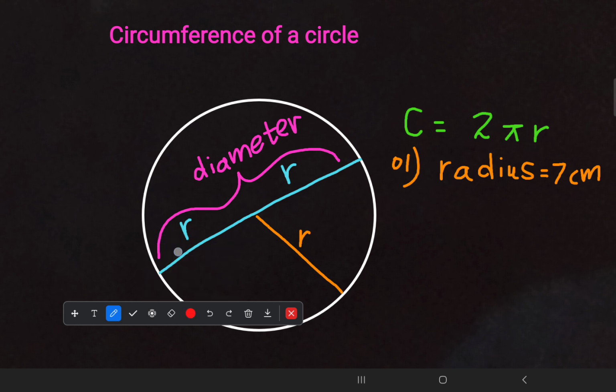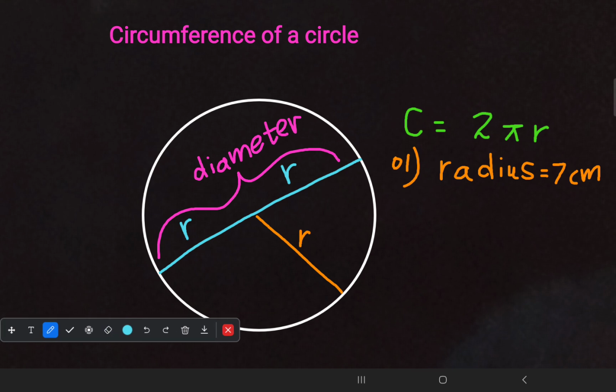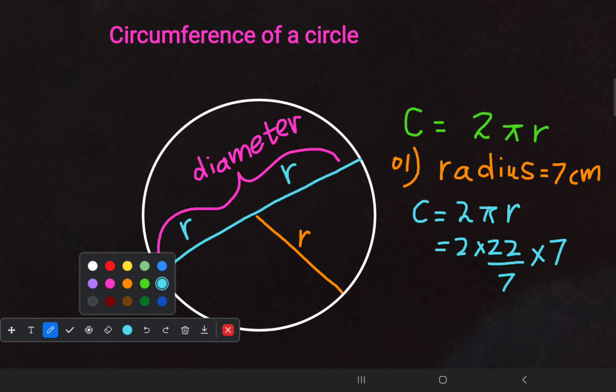Radius equals 7 centimeters. By using that, we are going to find the circumference of the circle. So C equals 2 pi r. We know 2 is the constant, pi is 22 upon 7, radius is equal to 7 centimeters. Let's simplify.